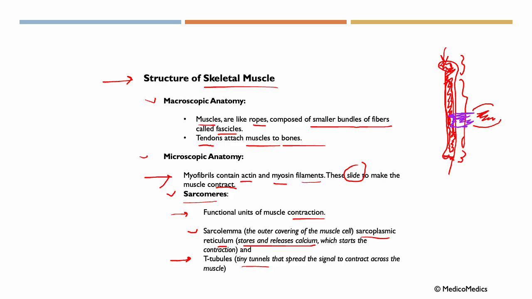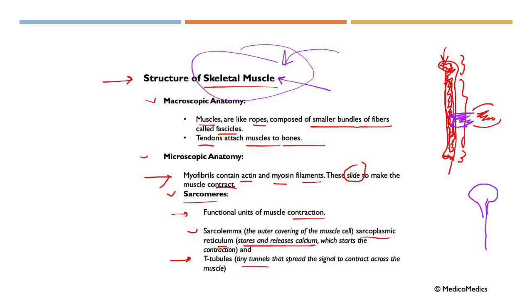So what is happening is that since all of this starts in your brain, we're talking about skeletal muscle, right? If you remember, skeletal muscle was voluntary and under conscious control. When our brain sends a signal to move, this signal travels down nerves to the muscle.